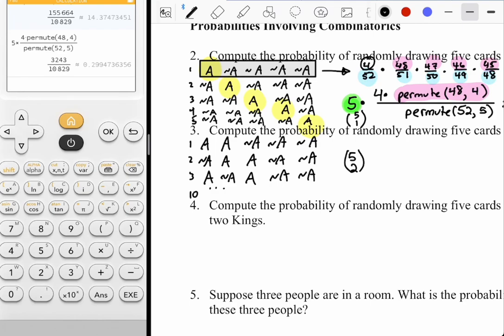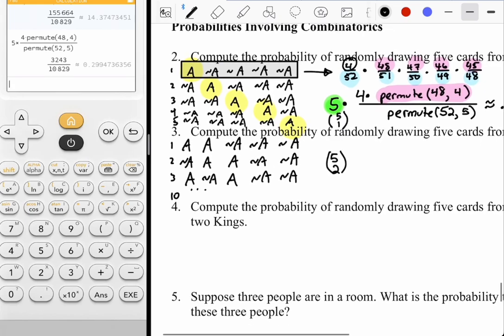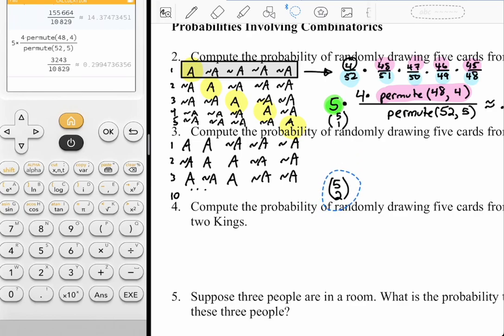So I'm going to have 2 aces in a set. There's a 4 out of 52 for the first ace, a 3 out of 51 for the second ace. I'm going to put this down here for a second. So we know that this is going to be 10, but let's just focus on the first case here.